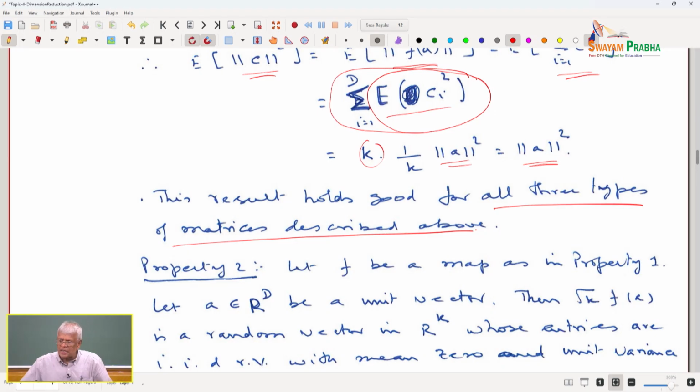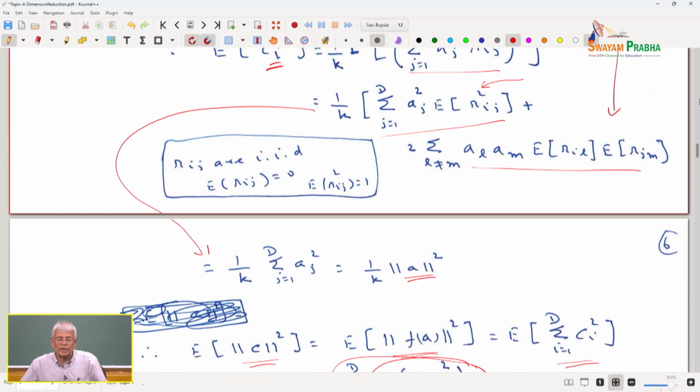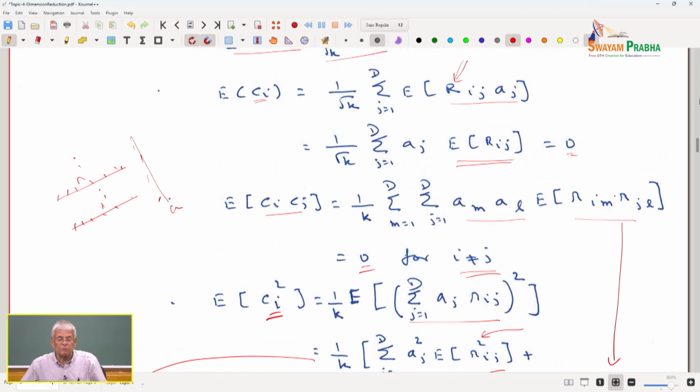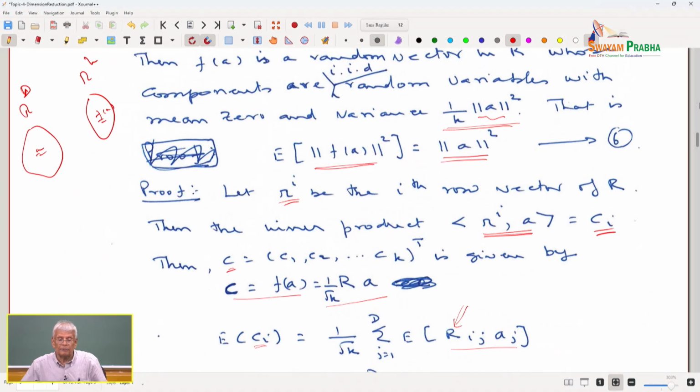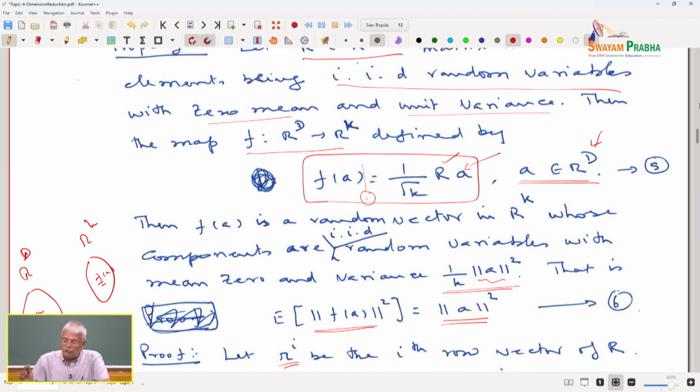So what have we proven? Let's go to the claim in the property. It is an important proof, an important result. That's why I'm trying to spend some time. So if I picked my f of A to be as in equation 6, what does this tell you? A is not random, f of A is random. f of A is a vector.